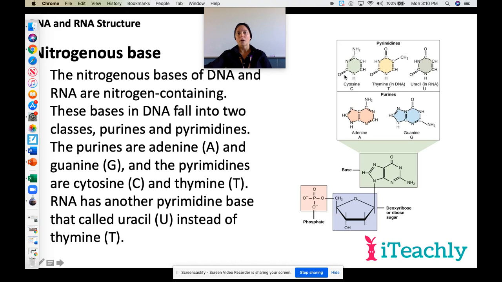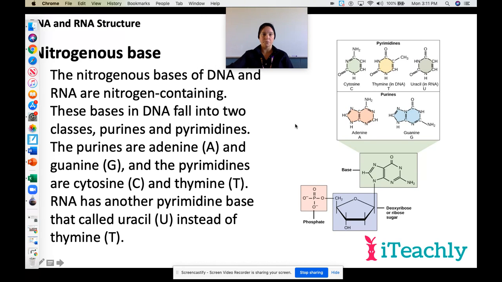Our cytosine, thymine, and uracil have one ring, whereas our purines, which are adenine and guanine, have two rings. So cytosine, thymine, adenine, and guanine, those four again, are found in DNA, whereas these four over here, cytosine, uracil, adenine, and guanine, are found in RNA molecules.